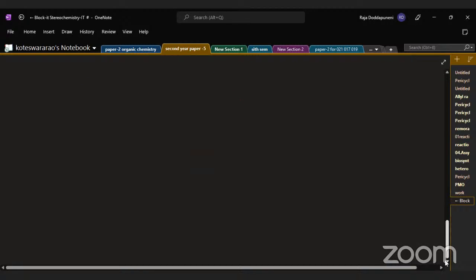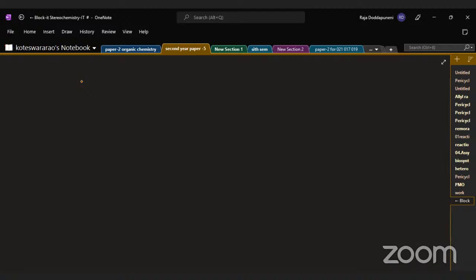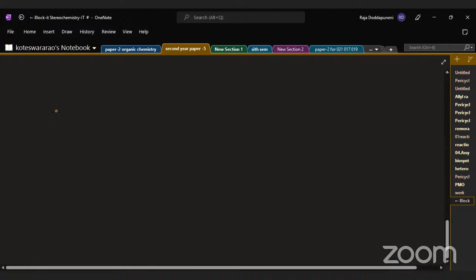Now, here some word is there: dihedral angle. Before going to the detailed study of these physical and chemical properties, we need to understand the formation of the conformation. Here, the word I am using is dihedral angle.